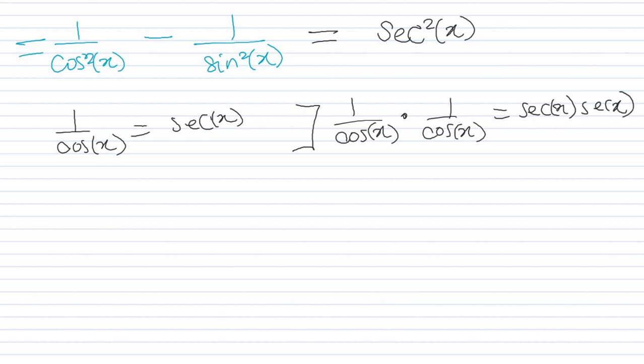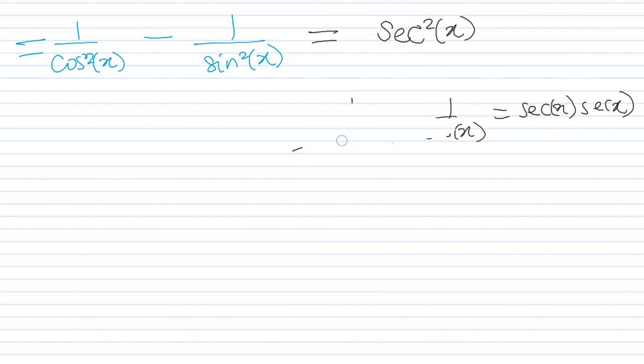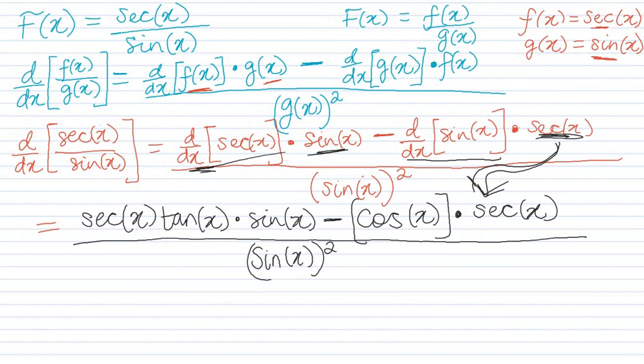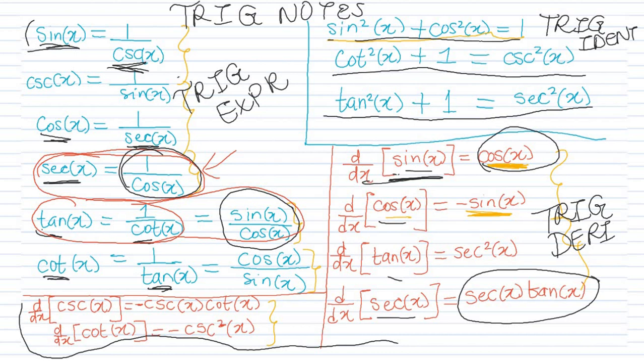So I just want to show you guys the math as to how we got there. Or if your mathematics skills are pretty good, some of these steps I'm doing you can easily skip. But I want to make sure that everyone watching the video is on the same track. So the secant squared x minus, what is 1 over sine x again? We see that 1 over sine x here is the same thing as cosecant x.